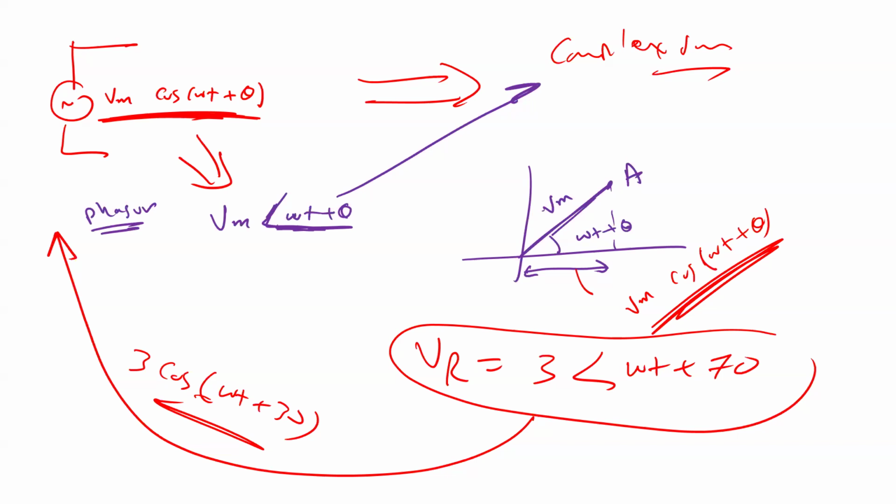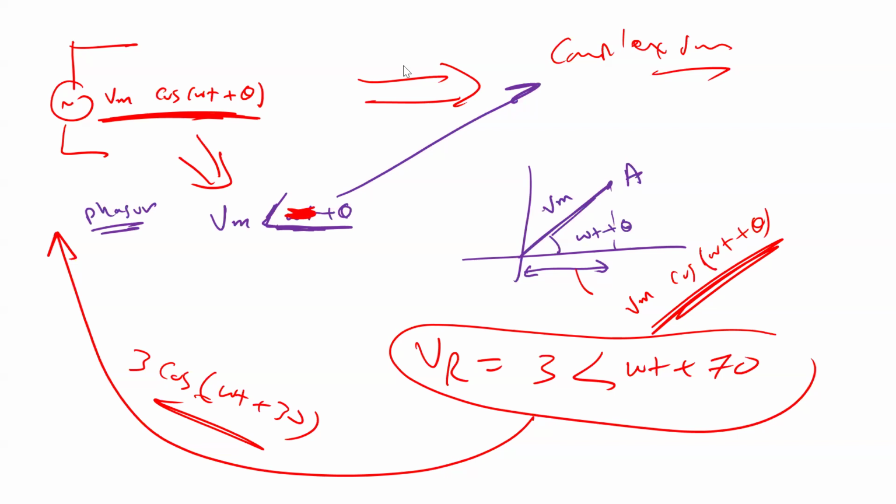You got what I'm saying? Linear circuits don't change omega. What may change is the amplitude or the angle, theta. Theta can change, the angle can change, but omega stays the same. So why can I simplify the calculation? Why do I have to carry omega if I already know it will be the same? So in order to simplify it more, I'm going to cancel omega from it.